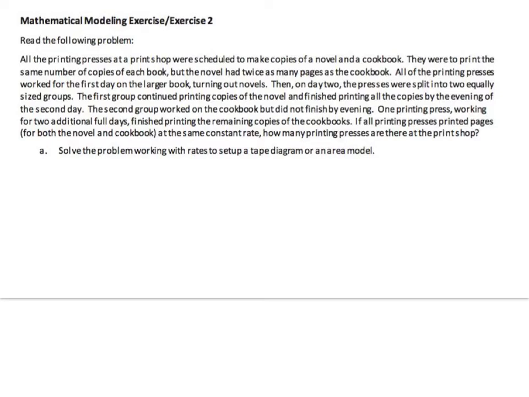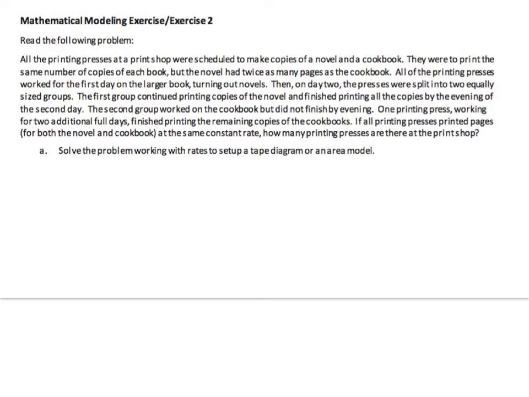All of the printing presses at a print shop were scheduled to make copies of a novel and a cookbook. They were to print the same number of copies of each book, but the novel had twice as many pages as the cookbook. All of the printing presses worked for the first day on the larger book, the novels. Then, on day 2, the presses were split into 2 equally sized groups.